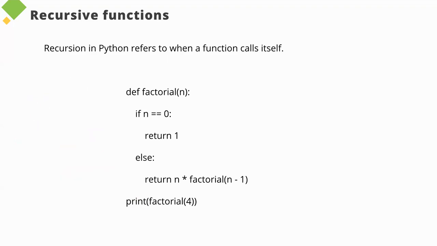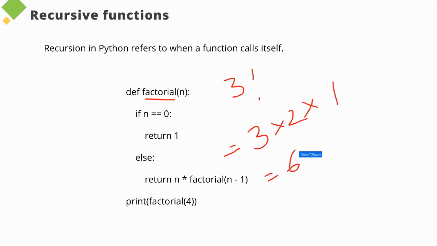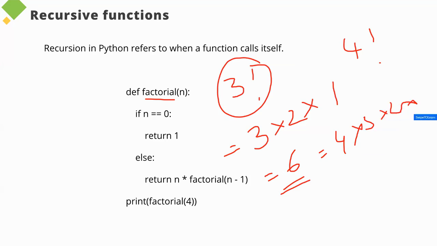If you see the code for factorial, I think most of you know about the factorial of a number. Factorial is defined with a symbol, and if you go with 3 factorial, then we'll write 3 into 2 into 1. That is 6, so 6 is the answer for 3 factorial. If we go with 4 factorial, then the result would be 4 into 3 into 2 into 1, that is 24.